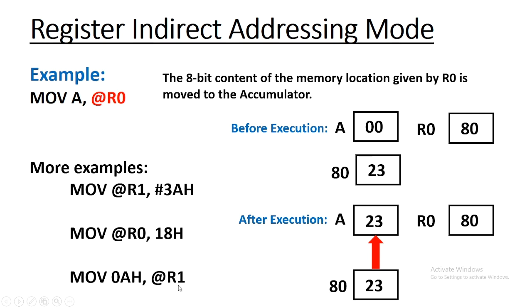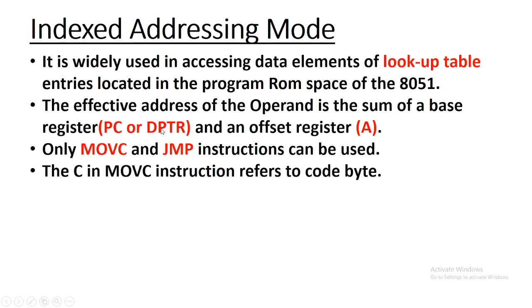The content of the memory location given by the R1 register is copied into memory location 0Ah. This address is nothing but the address of the 128-byte RAM or SFR address. So in the R1 and R0 registers, you can store the memory address of the 128-byte RAM or SFR address.